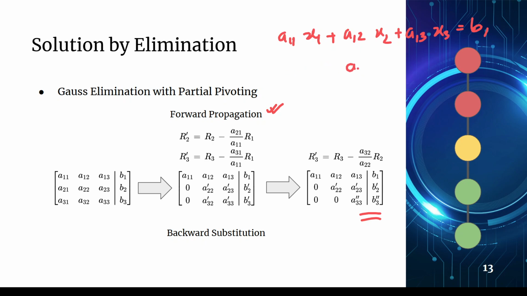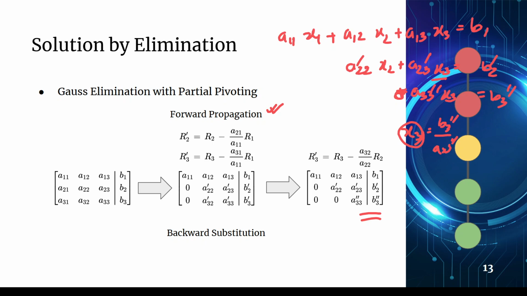What matters is a22 prime x2 plus a23 prime x3 equals b2 prime. And once again, as there are two zeros, this one, a33 double prime x3 equals b3 double prime. From this set of equations, I can already say that x3 will equal b3 double prime divided by a33 double prime. So I'll get the value of x3.